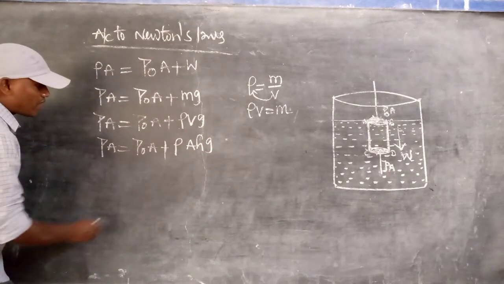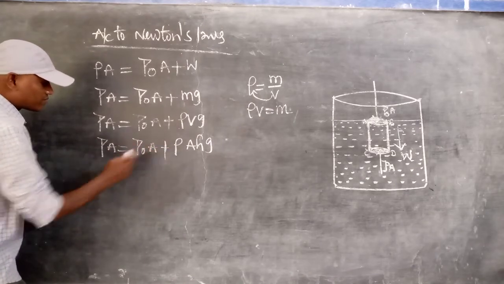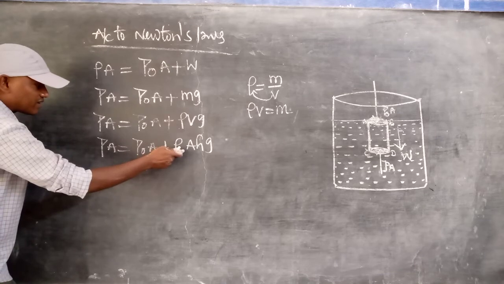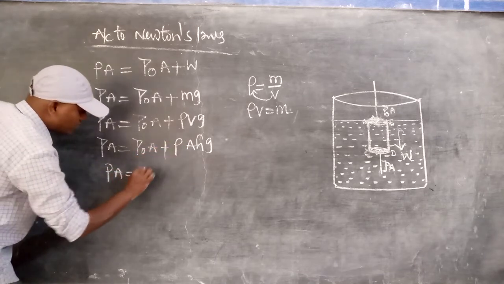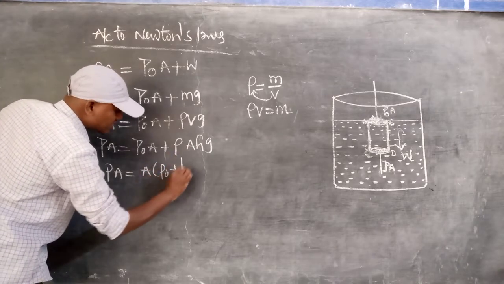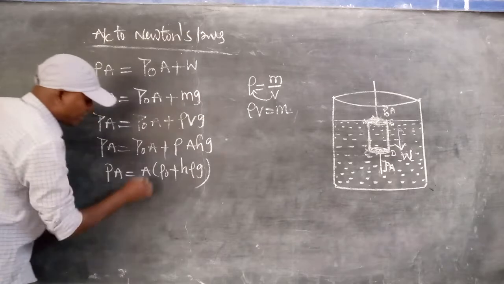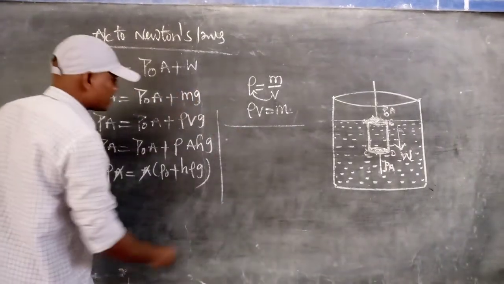So you are observing that on the left hand side and right hand side, A is the common factor. That's why PA is equal to A of P naught plus H rho G. That's why A gets cancelled. So what is the remaining one?